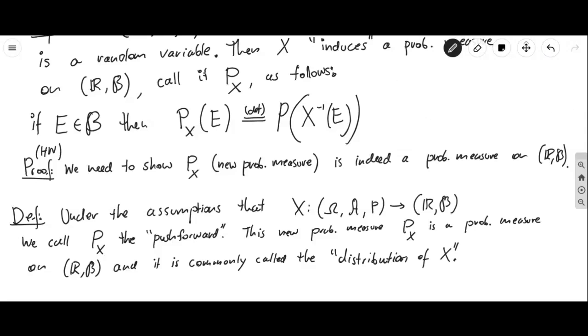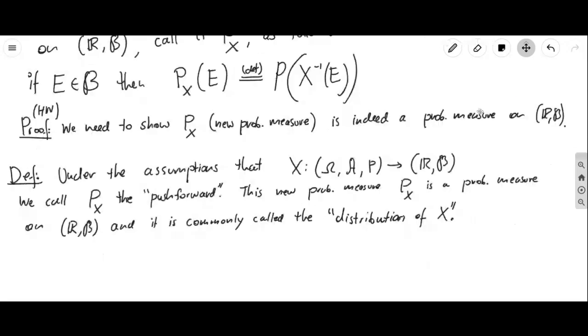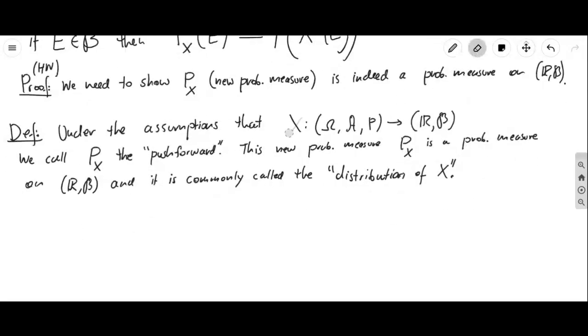So this is perhaps the most sophisticated definition of a distribution: a random variable induces a new measure, and this new measure is now a measure on the Borel algebra. The measure that you get on the Borel algebra is what you call the distribution of your random variable.